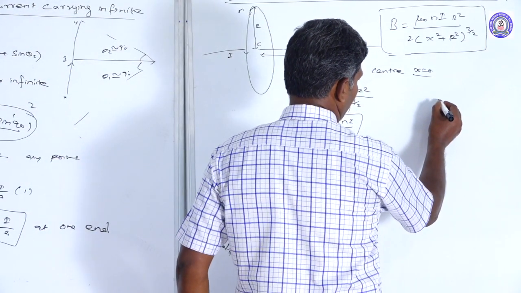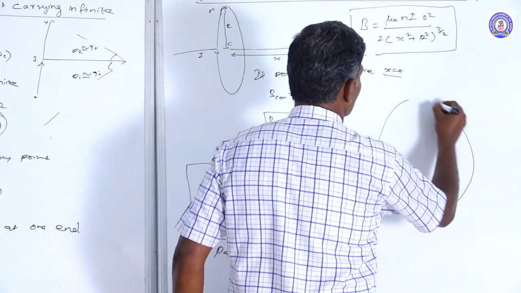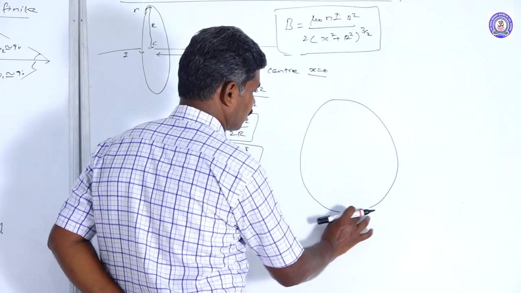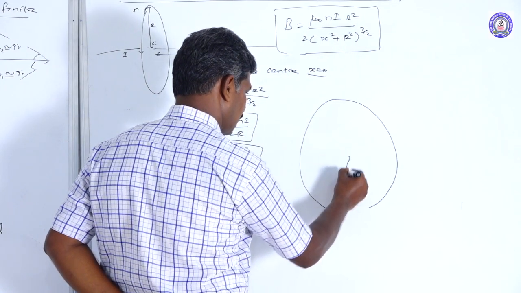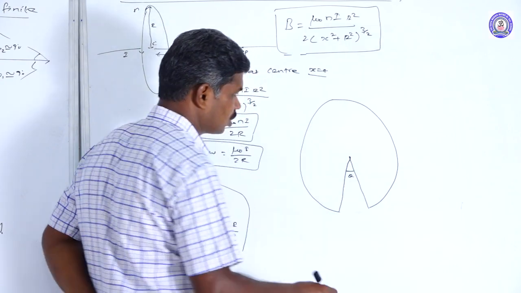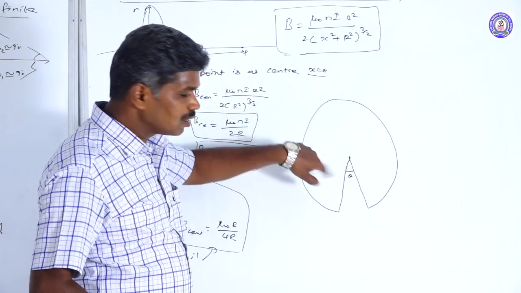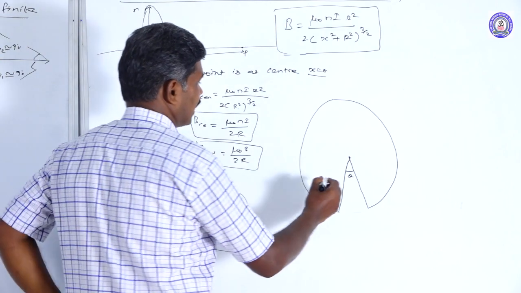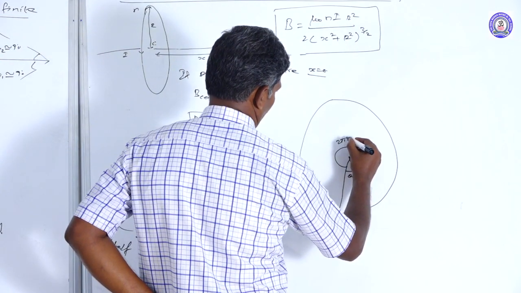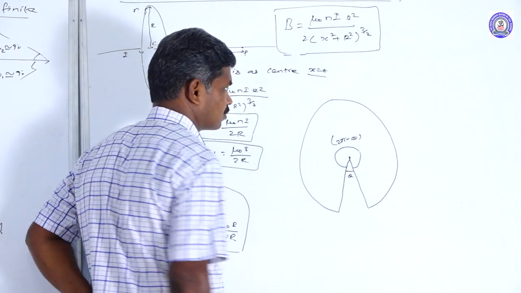Suppose in a plane I take the circular coil and remove a certain part that makes angle theta at the center. We know the total angle is 2 pi, so we have a conductor only over 2 pi minus theta.